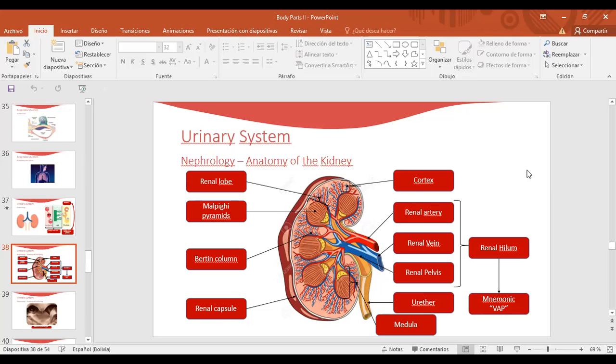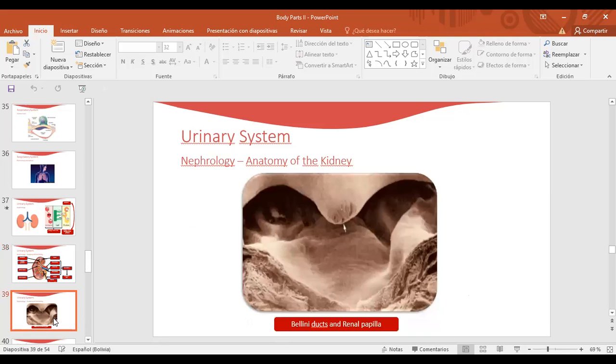Malpighi pyramids. It's pyramids. Okay. Malpighi pyramids. Yeah. Any other one? Renal hilum. Yes. Great. Hilum. I think the rest is fine, right?